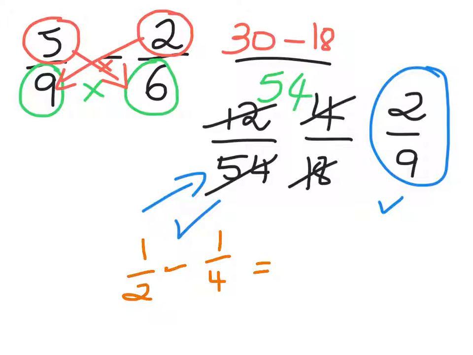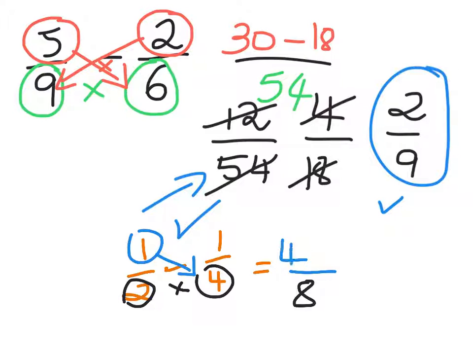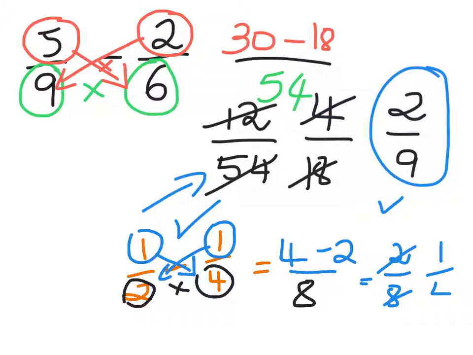So we have 2 times 4 is 8. We have cross multiplication this way of 1 times 4, so that's 4. And then we have another cross multiplication of 1 times 2, which is 2. Therefore, the answer is 4 take 2 is 2 over 8, and we can further simplify this as 1 over 4.